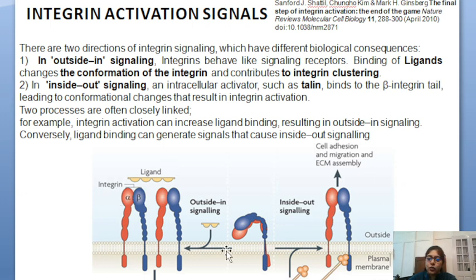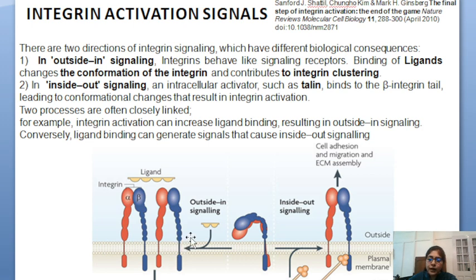In outside-in signaling, the ligand binds to the integrin in the extracellular domain, and then it changes the conformation of the integrin molecule, which leads to clustering of integrin, and then you can see the result on the interior side of the cell. The functions involved in outside-in signaling are cell polarity, survival and proliferation of the cell, cytoskeletal structure changes, and gene expression.